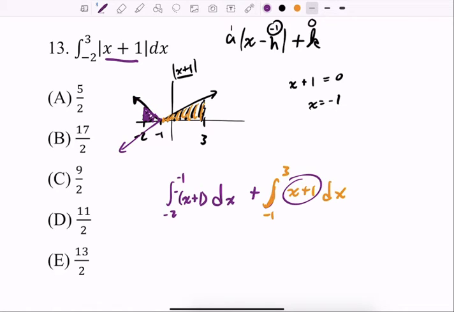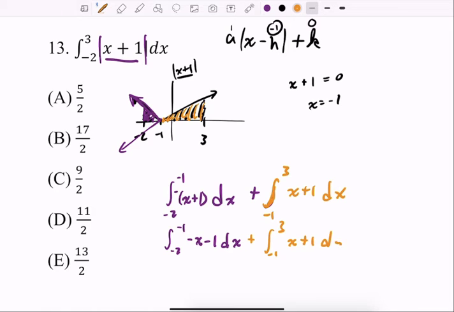This guy would continue to go down, but the absolute values make it go above the x-axis. So I would actually write this by changing the sign of each of those. So it would be negative x minus 1 dx, and then do this guy. So we have to do each of these integrals, and then add them together.